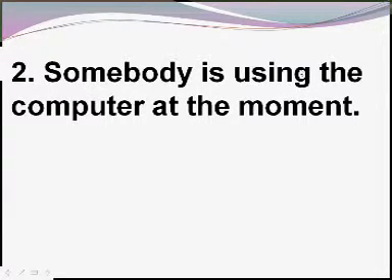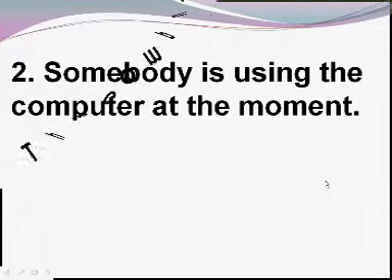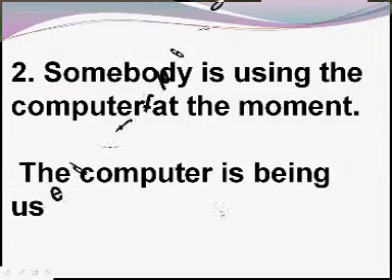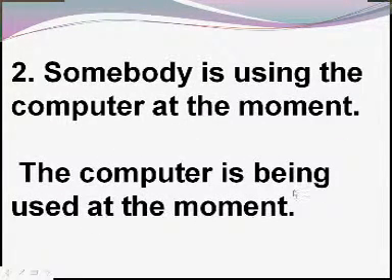We have an ing here, so remember we are going to use verb to be plus being plus past participle. So it's going to be the computer is being used at the moment.